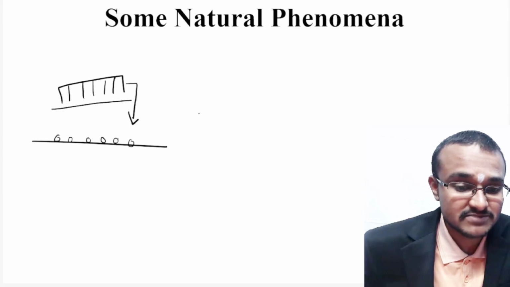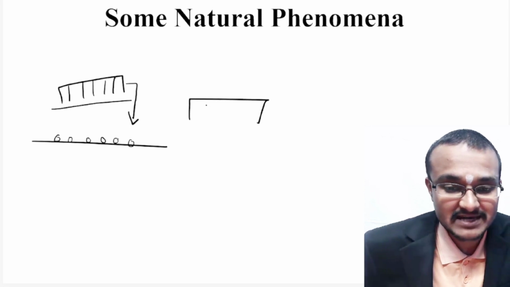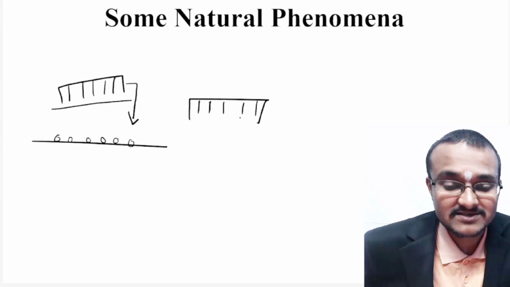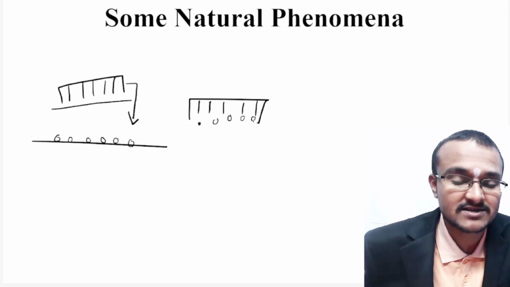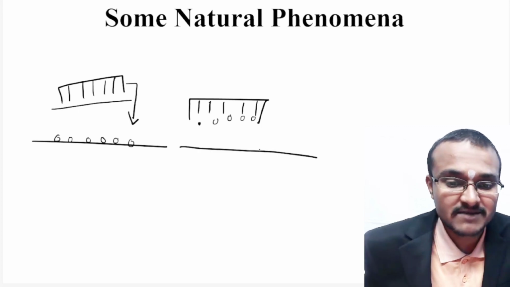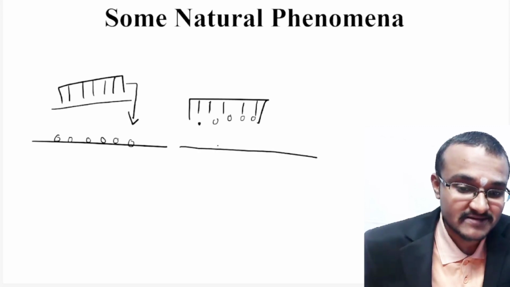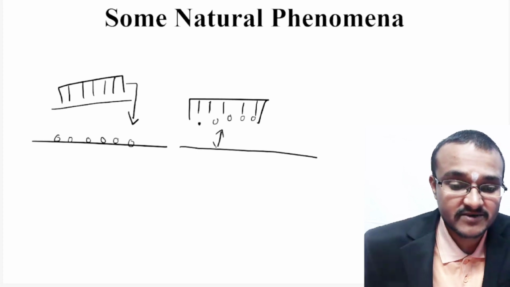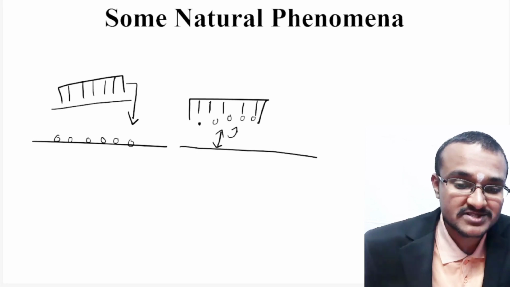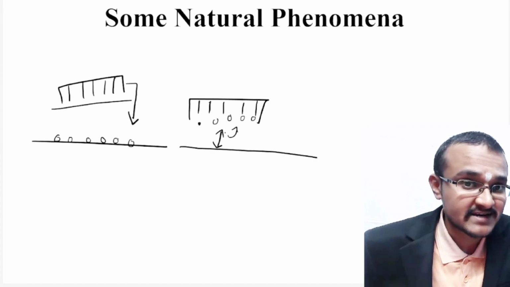You can observe that the comb will attract some of the paper pieces towards it, and some paper pieces will get stuck to the comb. This shows some kind of force is pulling the paper pieces from the surface towards the comb. That is electrostatic force.